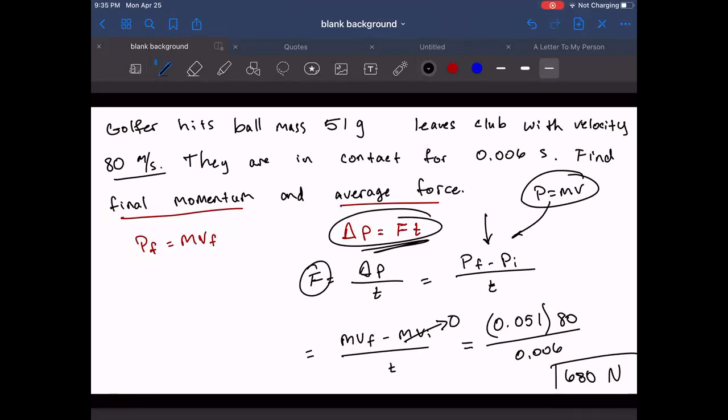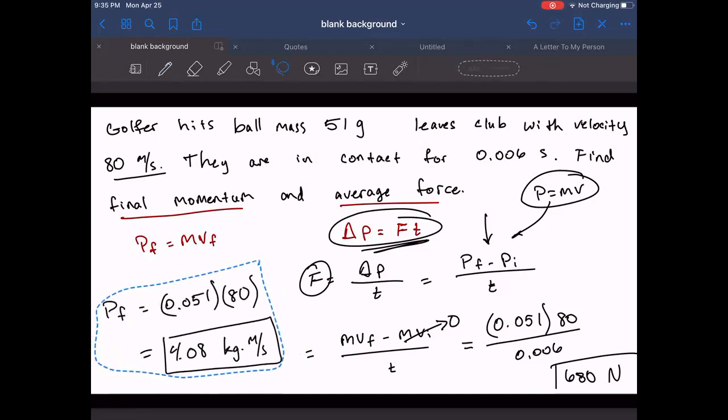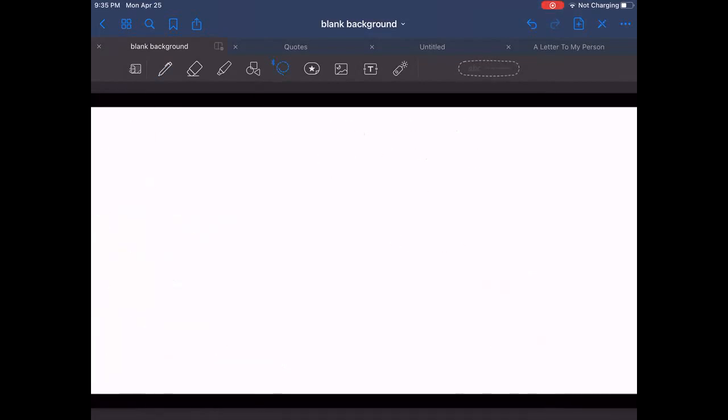And then the final momentum, well, we basically calculated that, but we can easily do that. Okay, that's impulse. We can do some more later if you want.